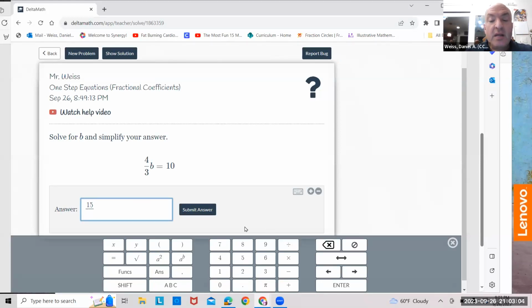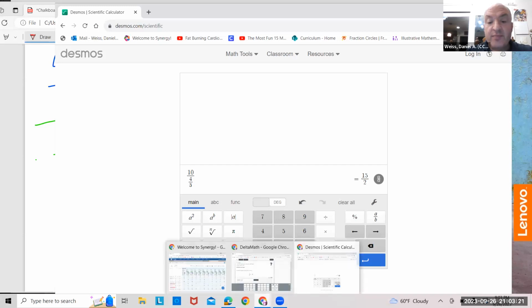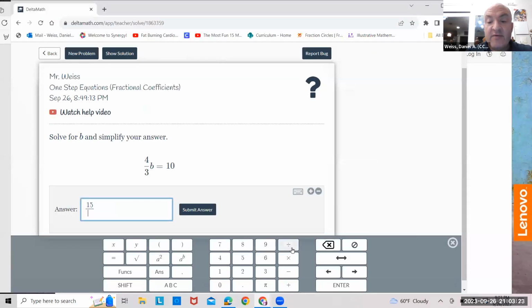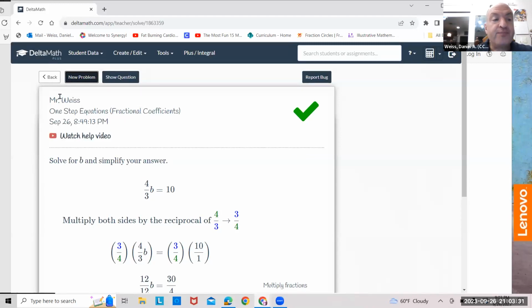But if you want a fraction on Desmos, you have to hit this A over B key. It doesn't work exactly the same as divide. So again, I hit the divide key, and now I put the 2 in. I hit submit. Yes, correct.